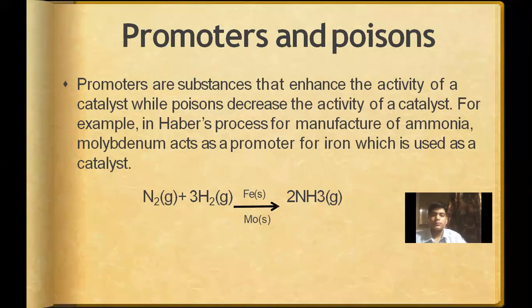It increases the rate of reaction. So whenever we add molybdenum during the process of making ammonia, this will increase the rate of reaction. That is why we use it as a promoter. The main function of a promoter is to enhance the speed, to increase the rate of reaction.